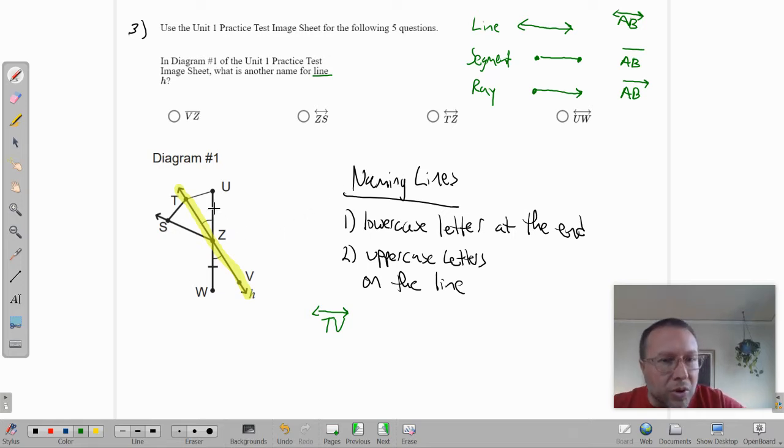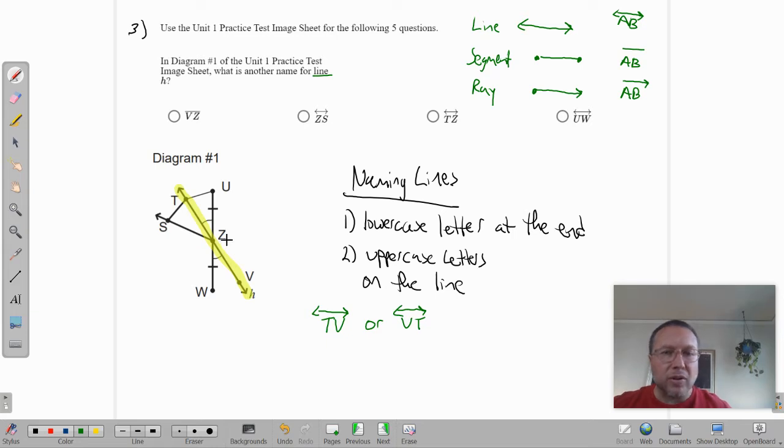So we'll use either TV, or I could flip it around and use VT. I could actually switch the order of those two things. If I look at the multiple choice, I actually don't see TV or VT as one of the options. That's because there's a couple other ways we could name this. I don't have to use the letters on the outer ends.